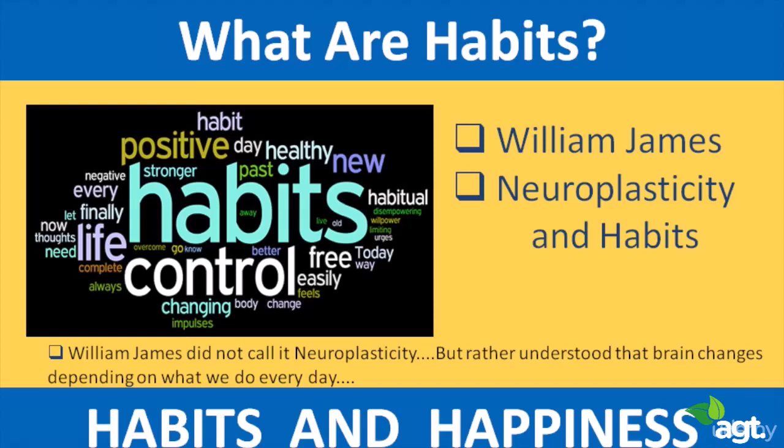But what happens is that it changes depending on what we do. So everything that we do every single day affects our brain. And that is extremely important research and knowledge to have, to know that everything you do, every single day changes your brain.